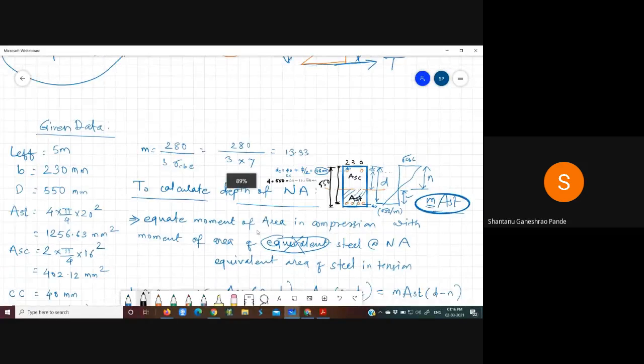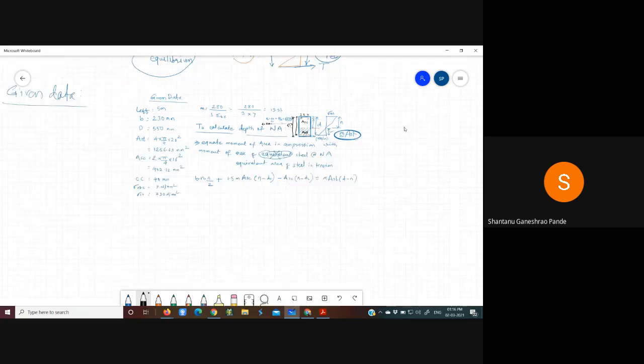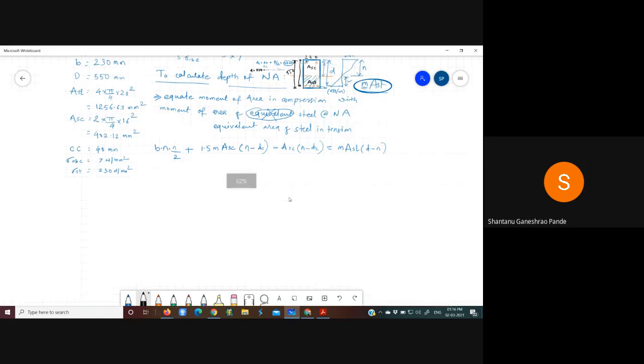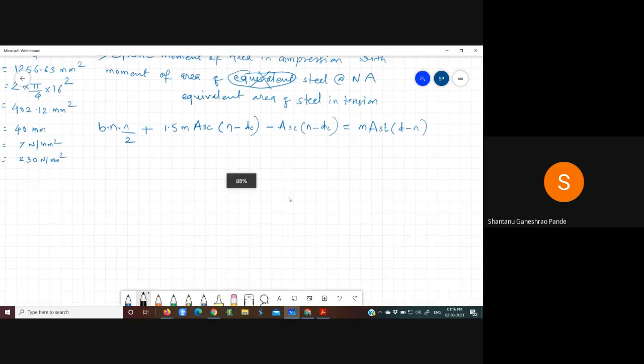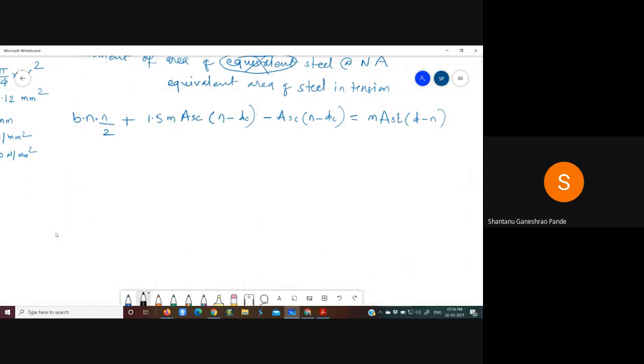That will be incorporated in this expression here. The B value is 230. Converted into meters it would be 0.23, but all the values are in mm, so you can continue with mm only.